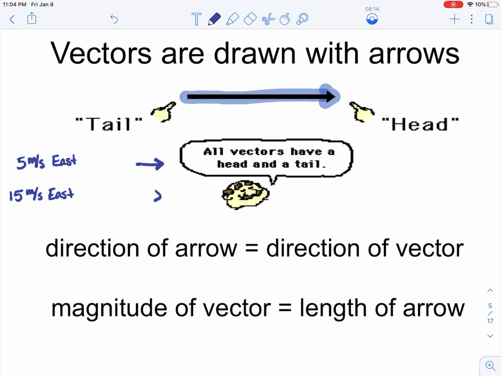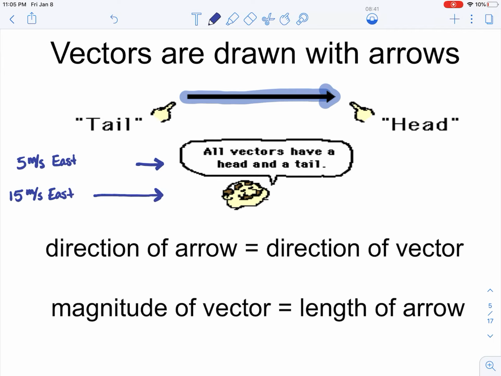So if this is my length that I'm going to use to represent 5 meters per second, then I'm going to do my best to make the length of my 15 meter per second east vector about 3 times as long. Now, how nitpicky am I going to be? Does it really matter? Well, yes, it matters.